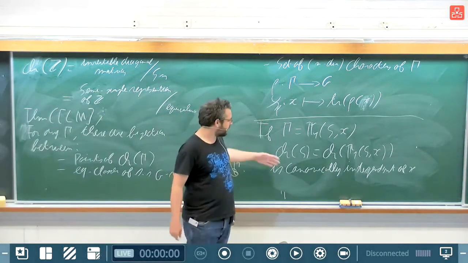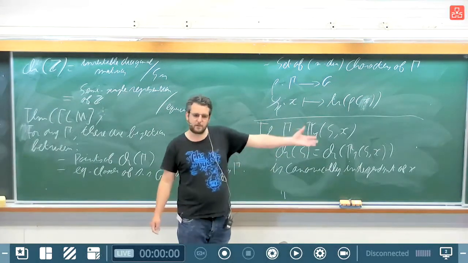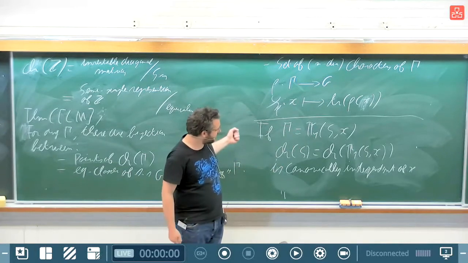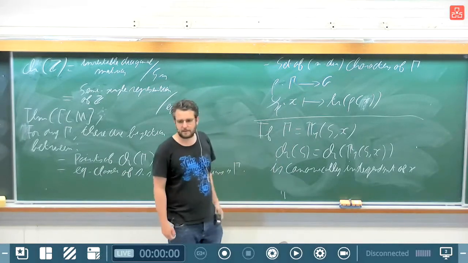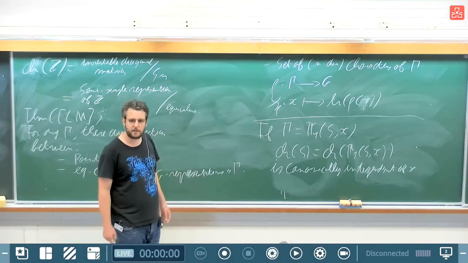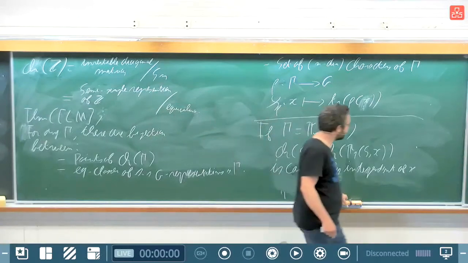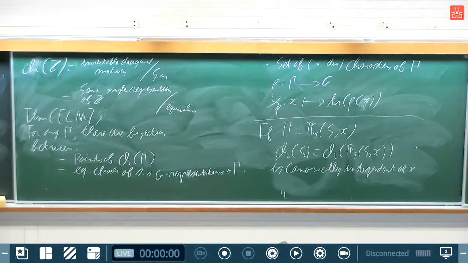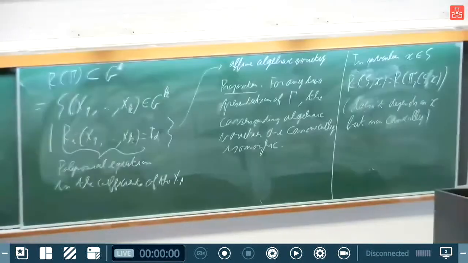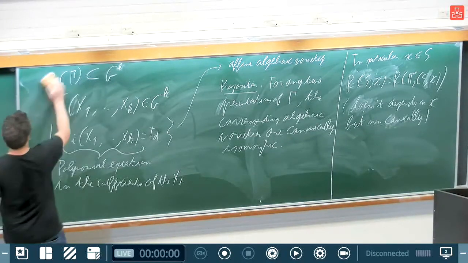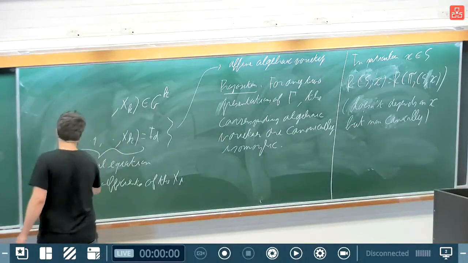If I choose a different base point and two different paths, the representation variety can tell that, but not the character variety. So at the end of the day, I have something that does not depend on the base point. And in that particular case, there is a preferred description.